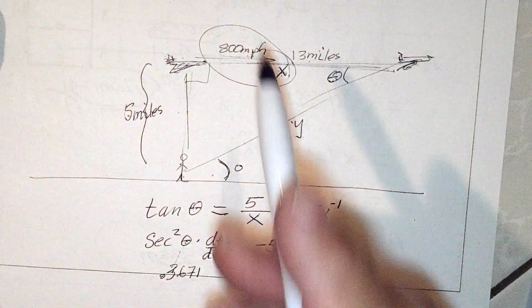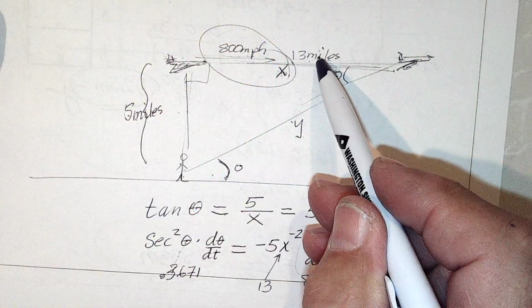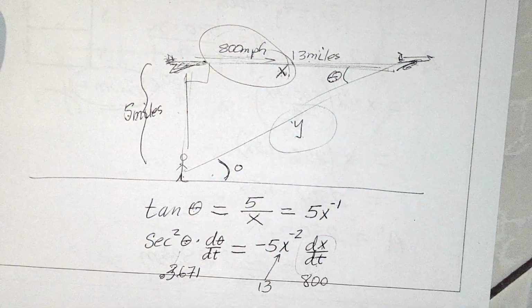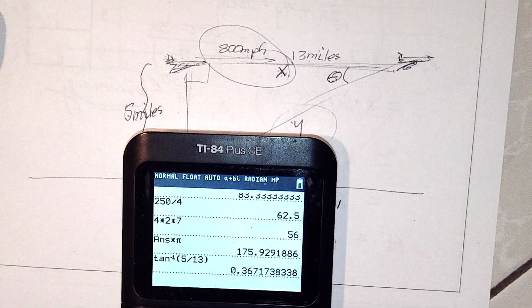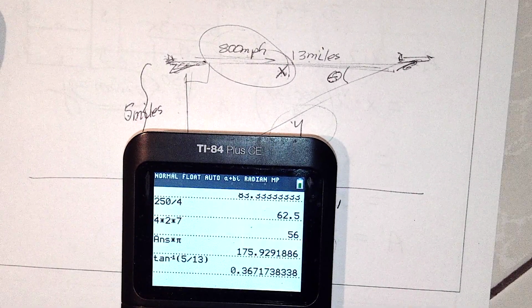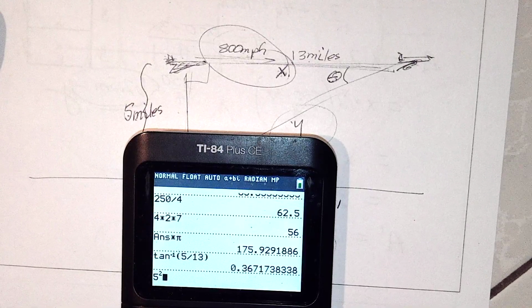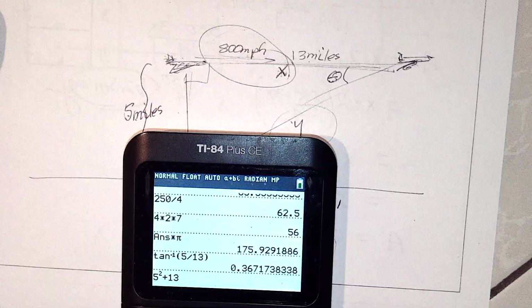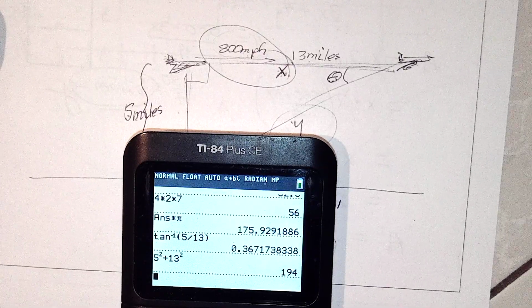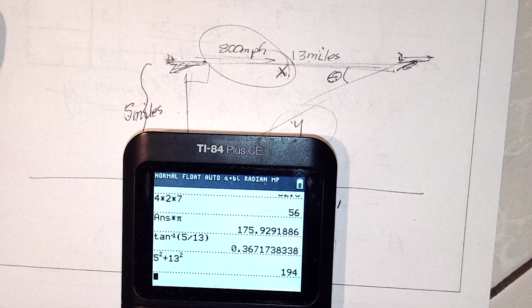I can say 5 squared plus 13 squared square root gives me this side. So 5 squared plus 13 squared, and then take the square root.